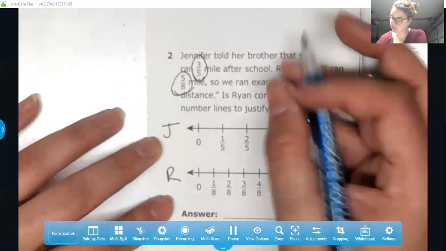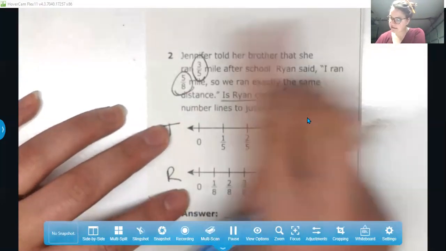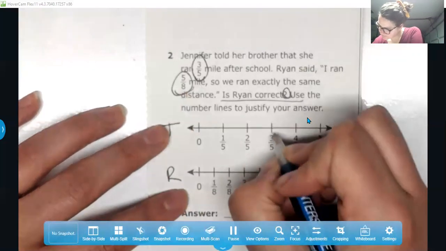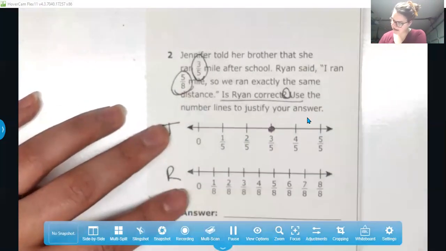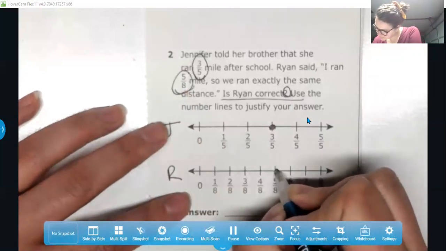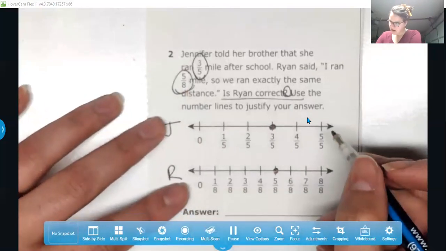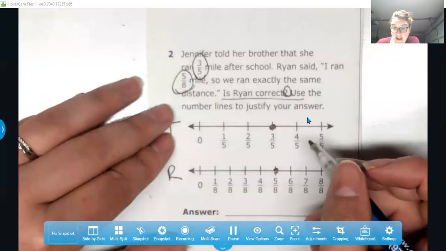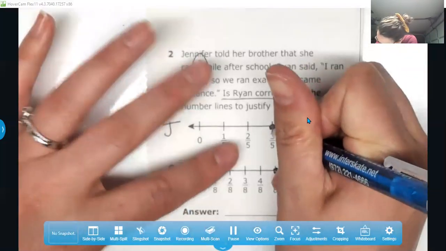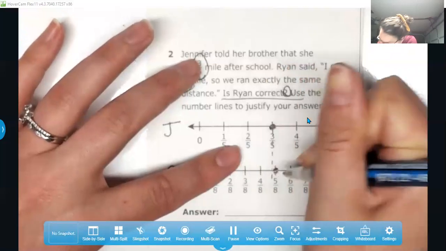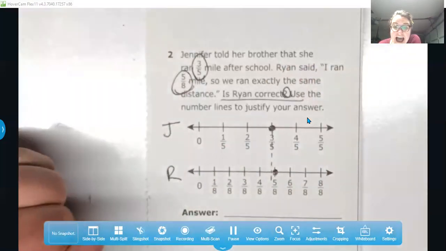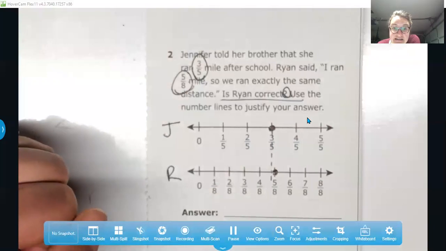So did we run exactly the same distance? Is Ryan correct? Let's mark 3/5, and let's mark 5/8. If I drew a line that comes down just like this, notice I pass 5/8.